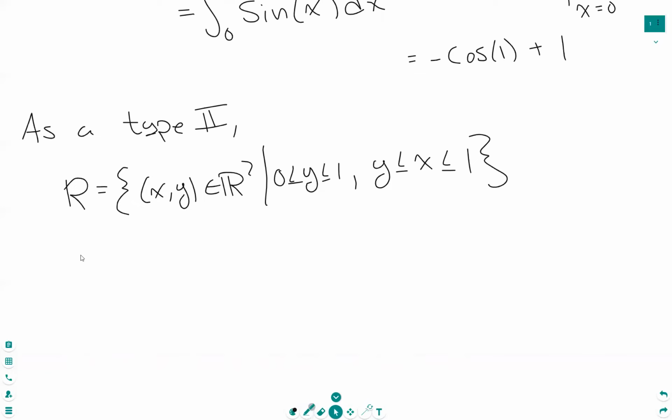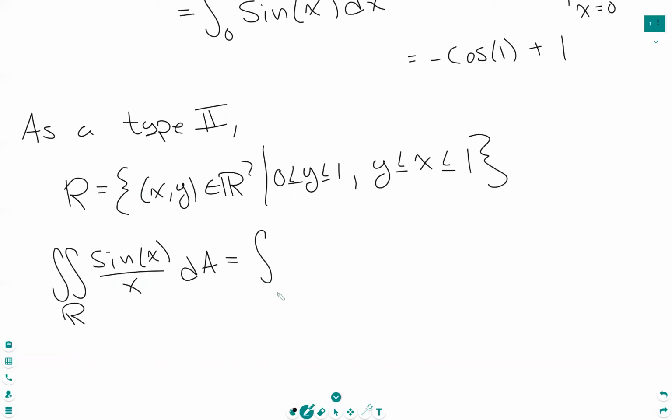So let's set up our integration now, our double integral. So we're going double integral over the region R of sine of x over x dA is the integral from 0 to 1 and then y to 1 of sine of x over x dx dy.